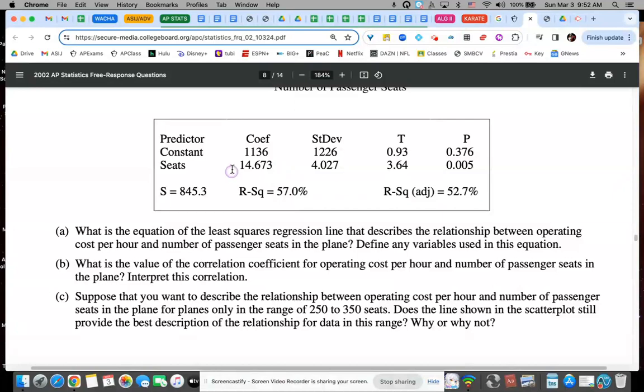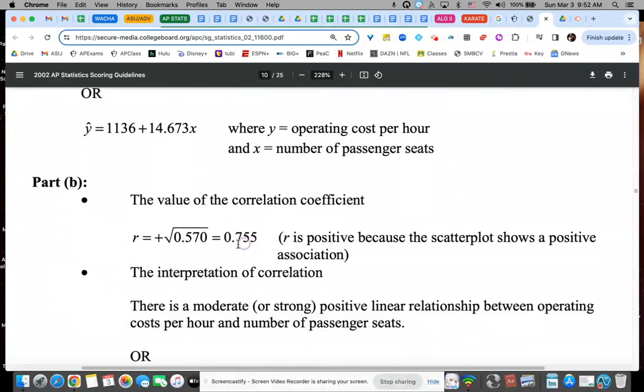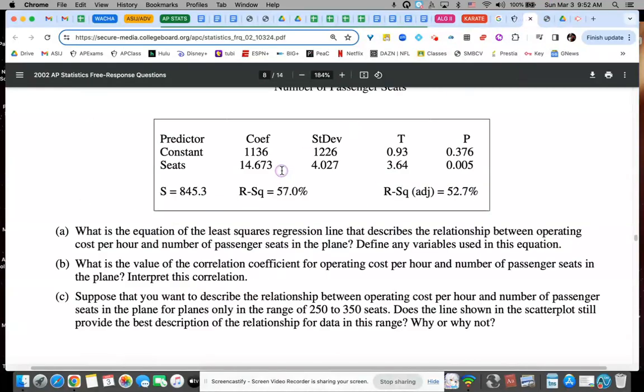So if my slope is positive, that means my r is supposed to be positive as well. You'll see here in part B, they take the square root of that number. They get 0.755 for the correlation coefficient, and they go ahead and make it positive. They're very clear that this needs to be positive, and that comes from the slope along with the square root of 57.